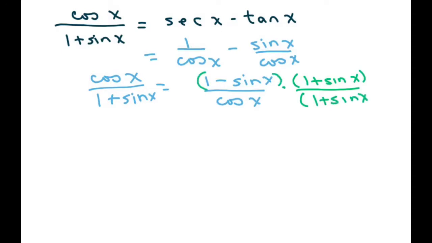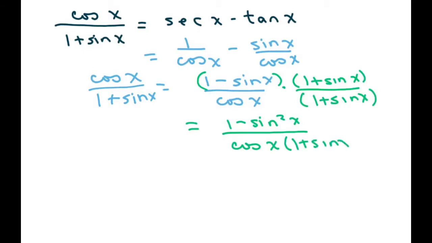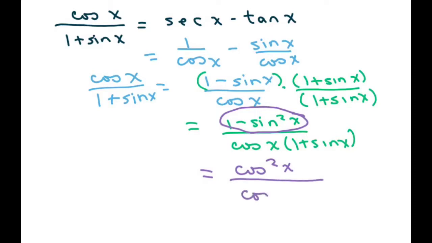Now, we already know that the numerator is going to be 1 minus sine squared of x over cosine of x times 1 plus sine of x. We know that this equals cosine squared of x. So we get cosine squared of x over cosine times 1 plus sine of x.